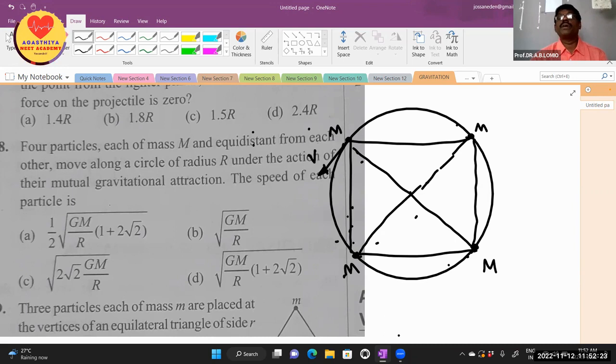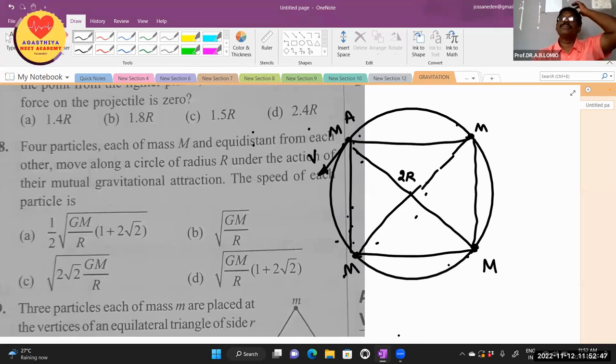We have to find out v. That is the question. There is no other data. How to calculate this? The diagonal, what is the diagonal length? 2r. Okay.